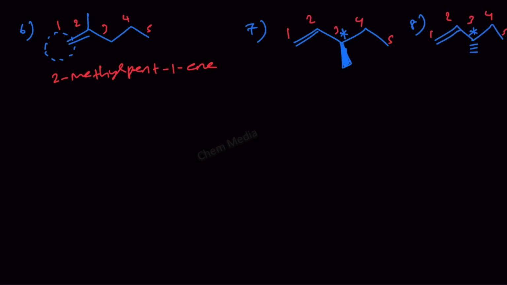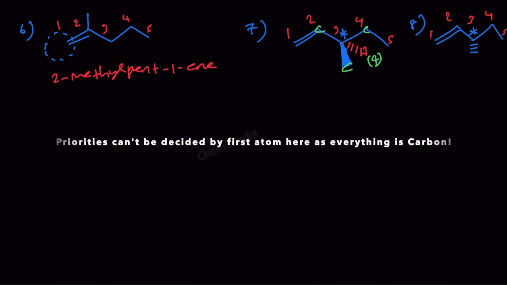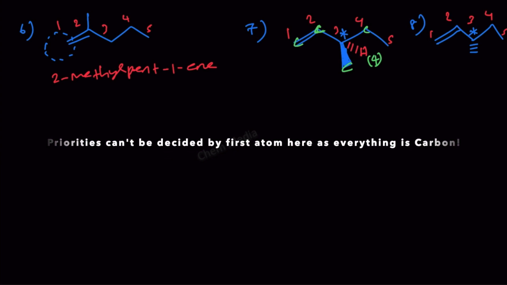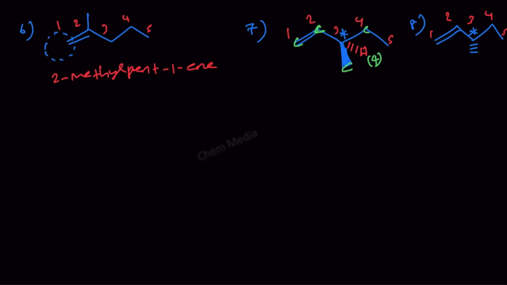Here if we are assigning priorities, then the hidden hydrogen that is here would get the least priority, that is 4, and then we have a carbon here, carbon here, carbon here, but this carbon is connected to a double bond, therefore that would get the top priority because this should be counted as carbon connected to carbon and then one hydrogen, whereas for this methyl group it is simply hydrogen, hydrogen, hydrogen.